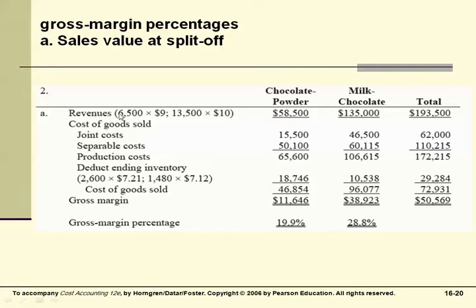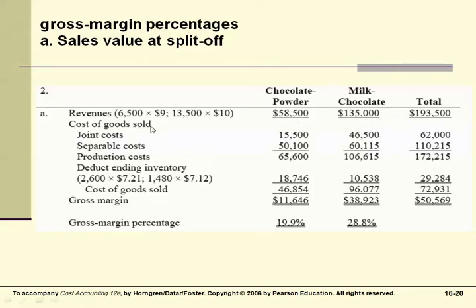So, first product, chocolate powder, we sold only 6,500 pounds with a selling price of $9 per pound. So revenues for chocolate powder equal $58,500. For milk chocolate, we sold 13,500 pounds with a selling price of $10 per pound, which equals $135,000.